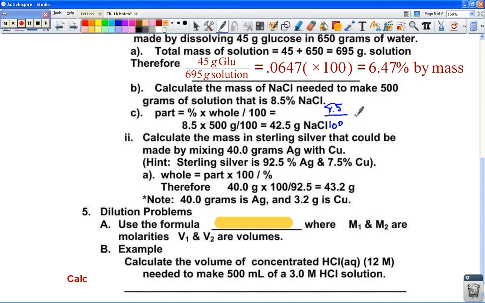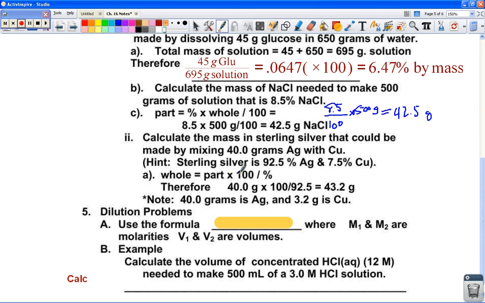Okay, and then we're going to multiply that by 500 grams, and that's going to equal our 42.5 grams.